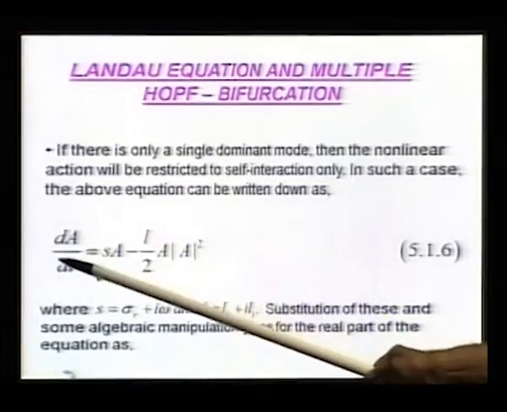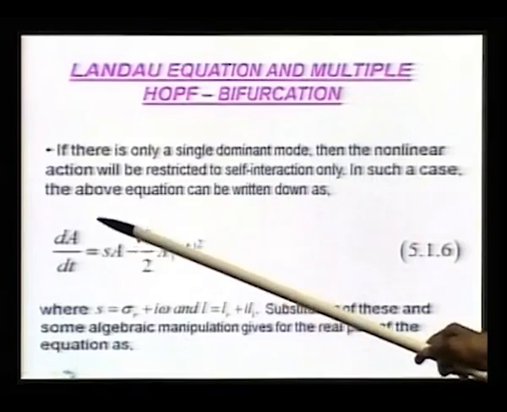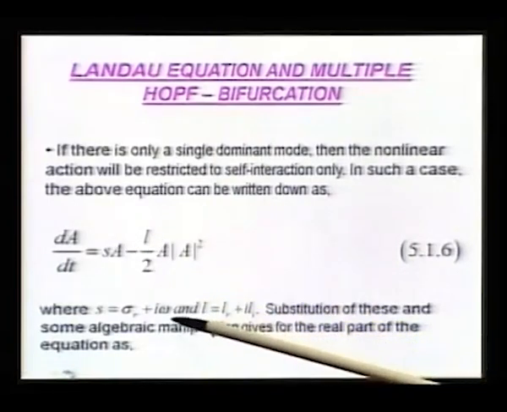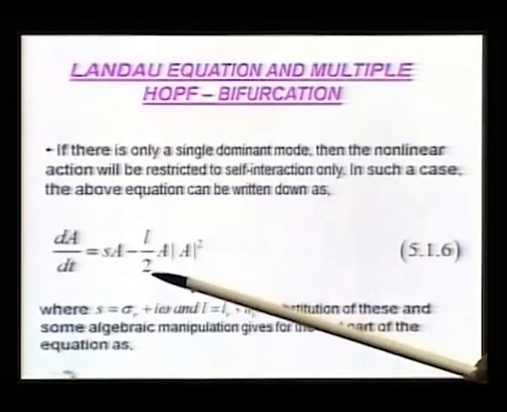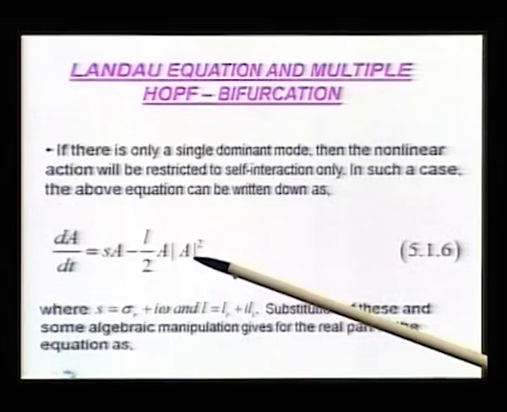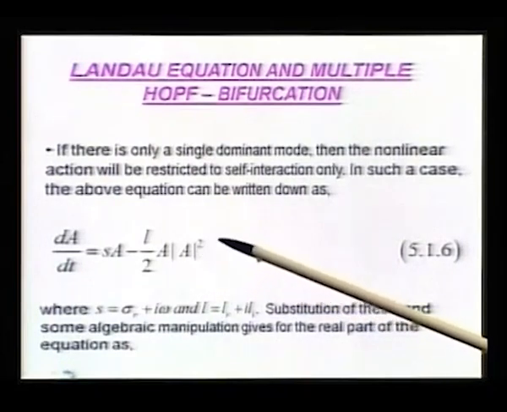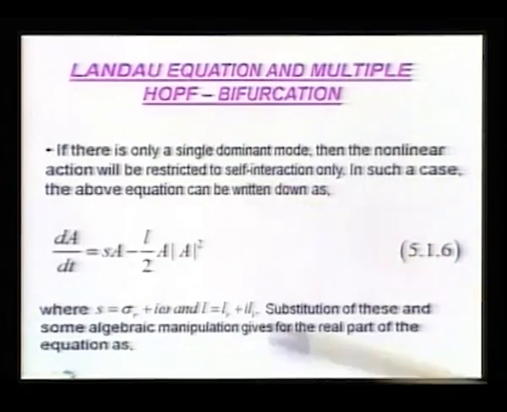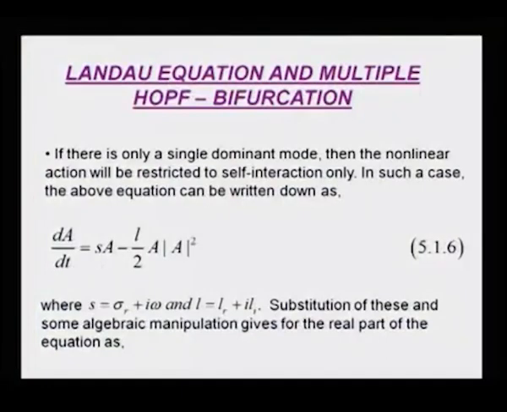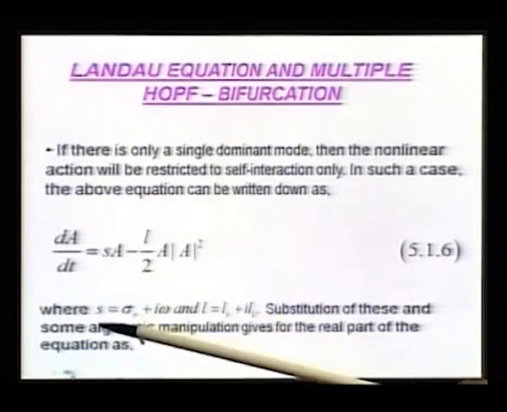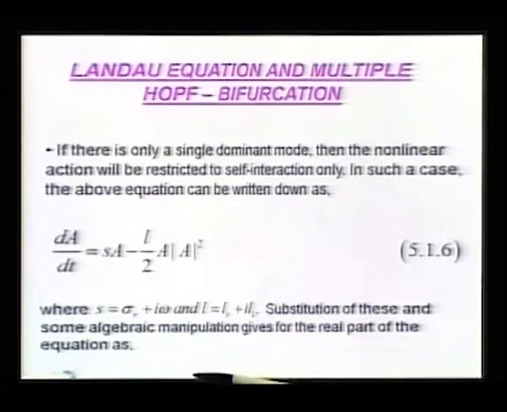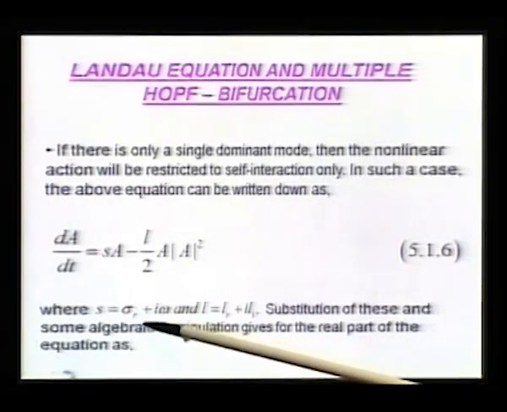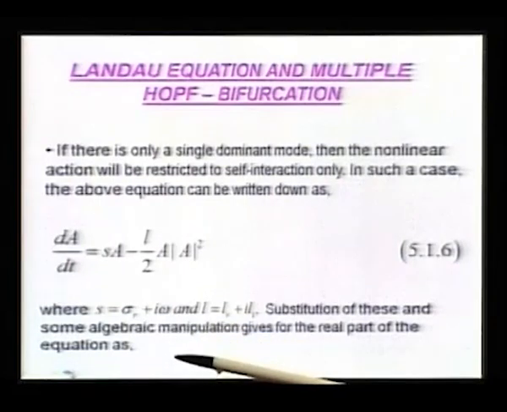So this part we understand comes directly from linear theory. This is Landau's projection of the nonlinear action. And what is this? A is acting upon itself. So this is essentially what I will call the self-interaction term, right? Now we have said that this S is the linear growth exponent, so it has a real part and an imaginary part, right?